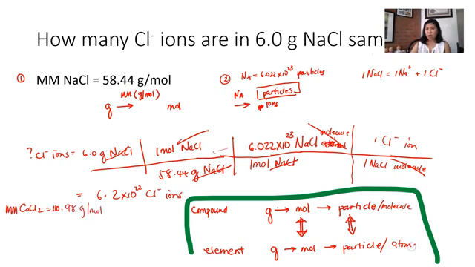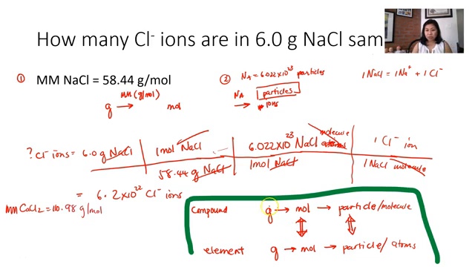Okay, now when we're figuring out the specific component in your substance, in this case your chlorine ion or chlorine atom in your sodium chloride compound, you actually can put the mole maps in tandem.